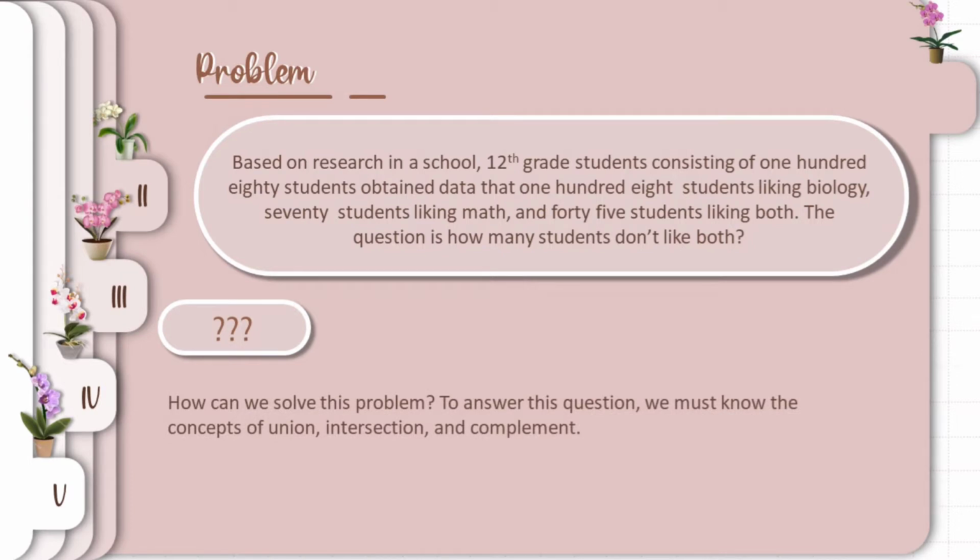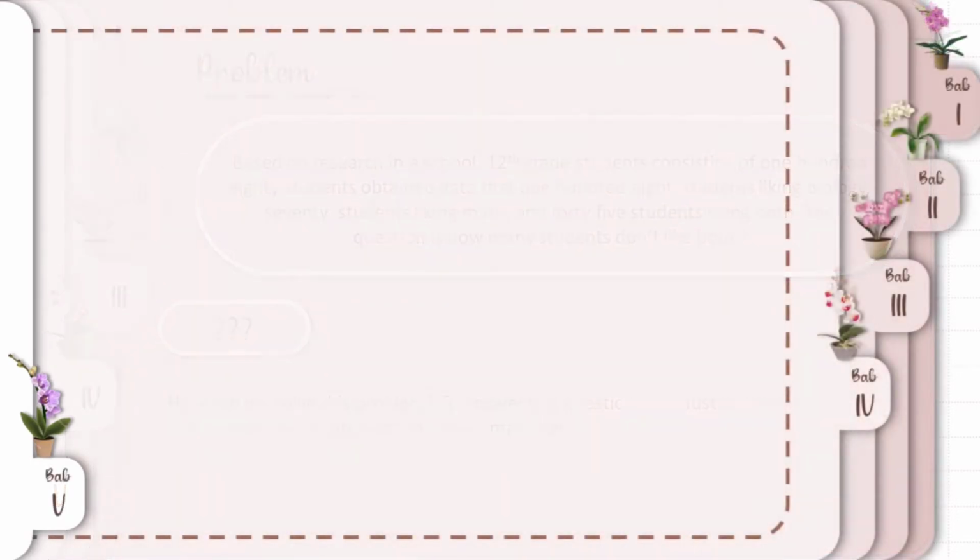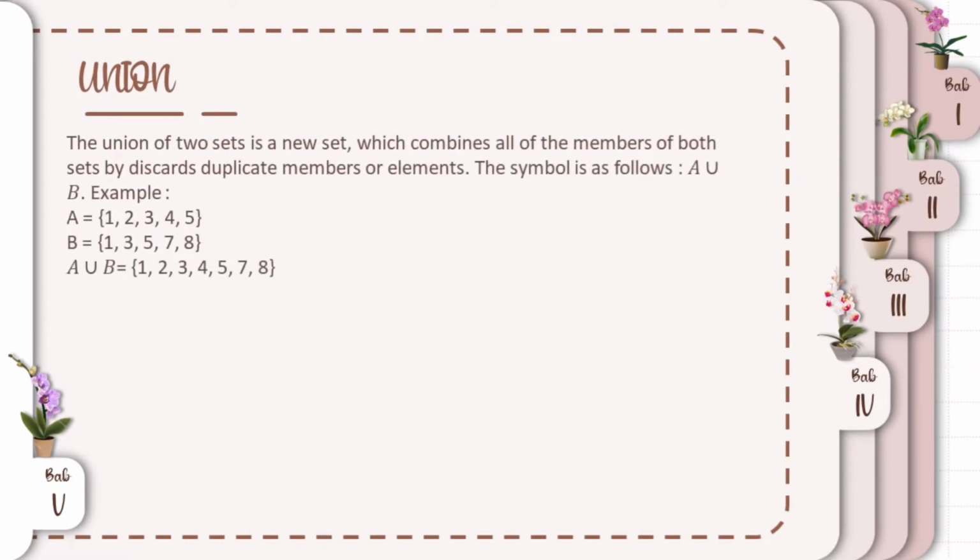Let me tell you. To answer this question, we must know the concepts of union, intersection, and complement. First, we will talk about union. The union of two sets is a new set which combines all of the members of both sets by discarding duplicate members or elements.